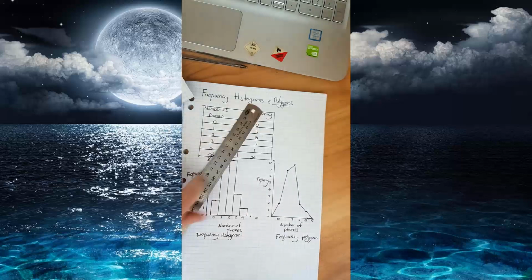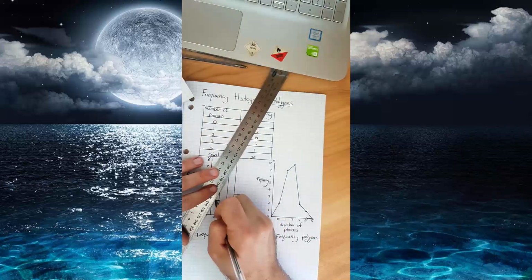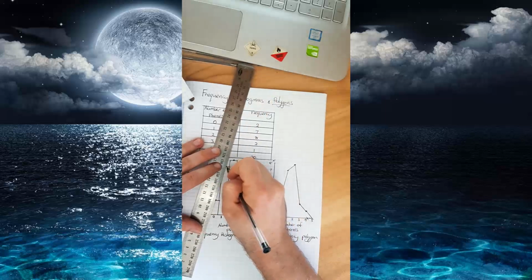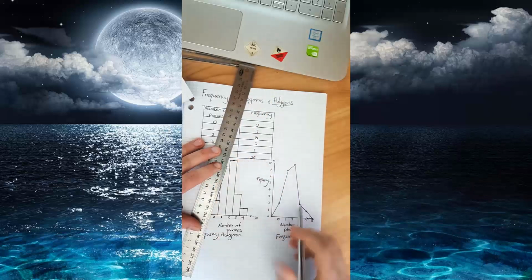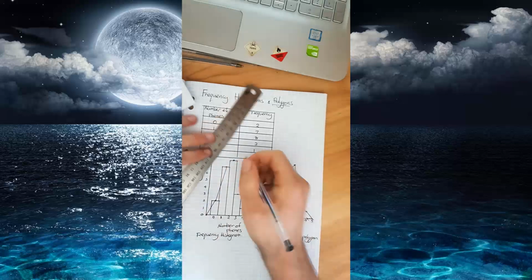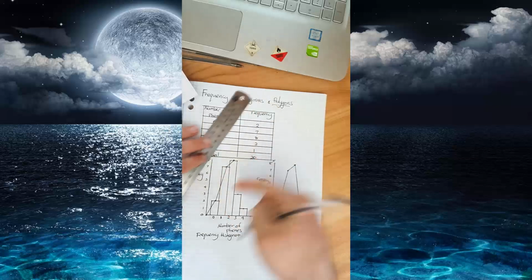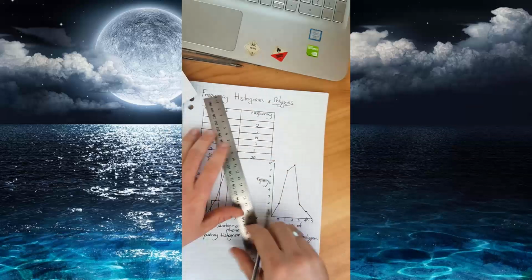Like so. Now all we need to do is join the dots. Now you'll notice it'll have the exact same shape as the polygon here, but we're just overlaying it or putting it on top of this frequency histogram.